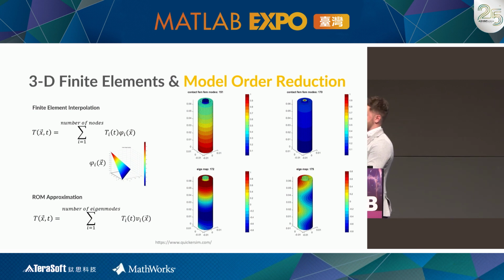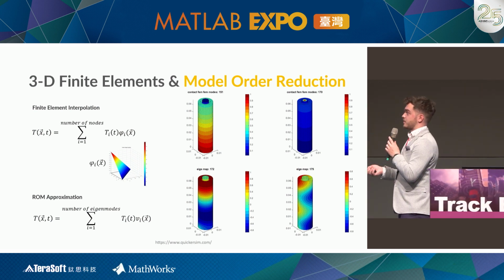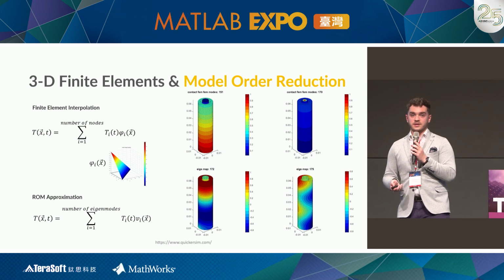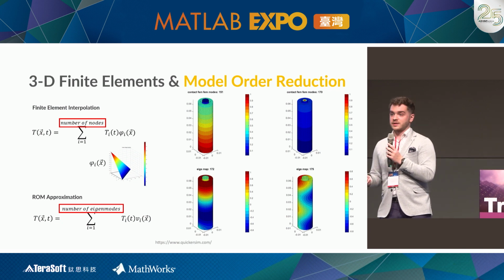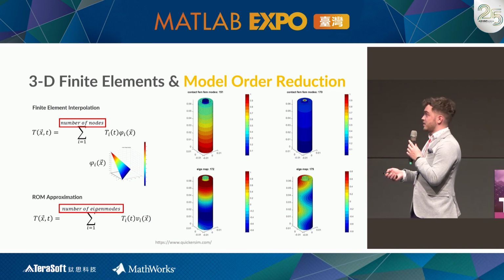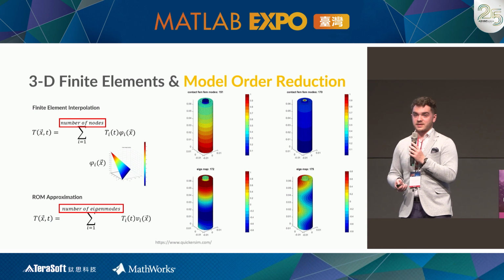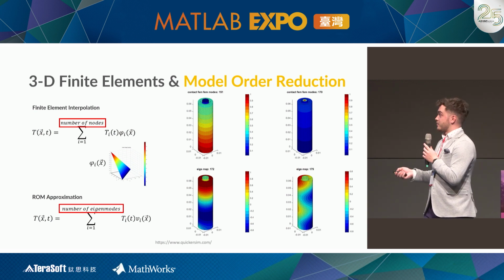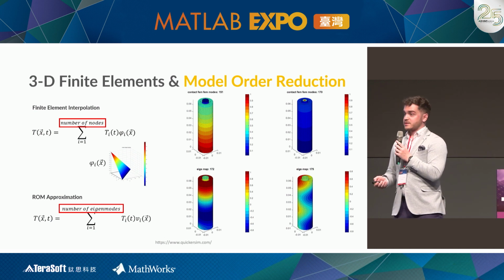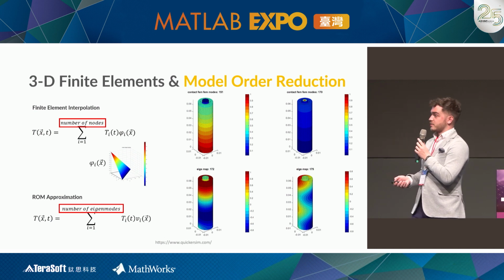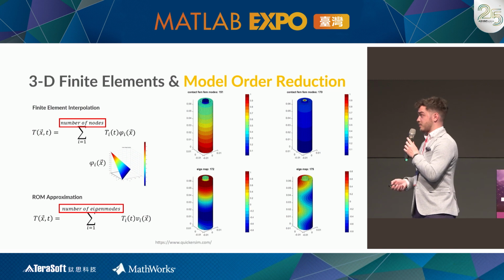The advantage is in the number of equations that we need to solve. In the finite element interpolation, the number of equations is equal to the number of nodes, which in big battery packs goes in millions. While in the reduced order model approximation that we use, it is equal to the number of eigenmodes, which is much, much lower.